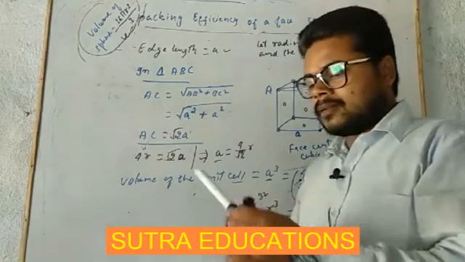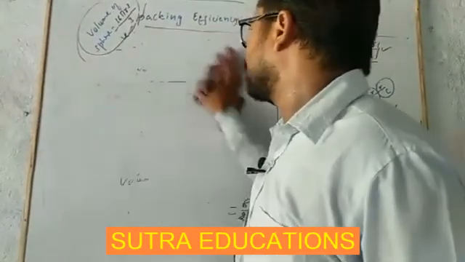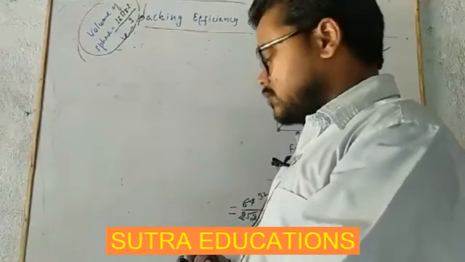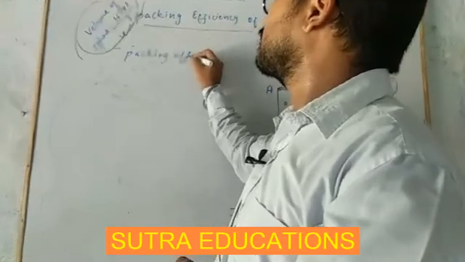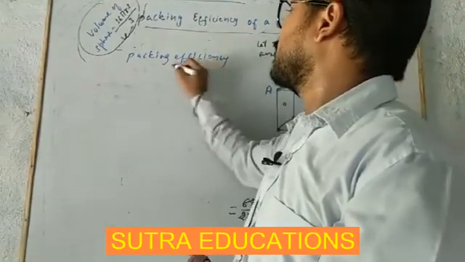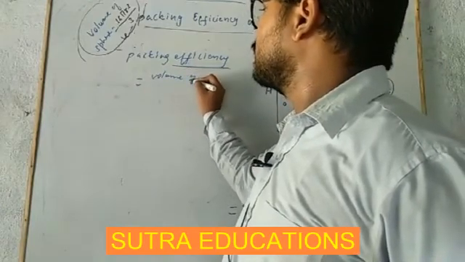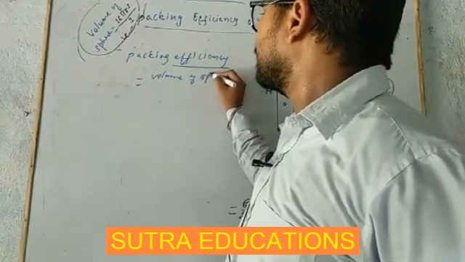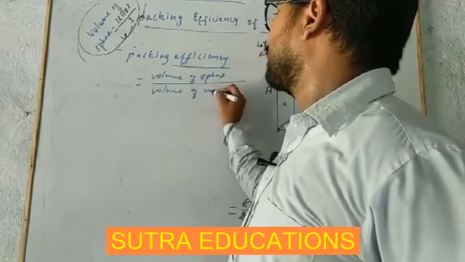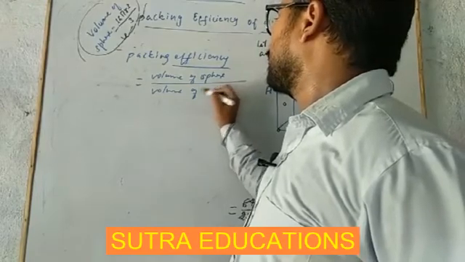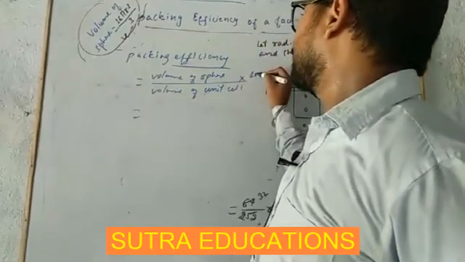Now we will be calculating packing efficiency. So packing efficiency is given by volume of sphere upon volume of unit cell, into 100.